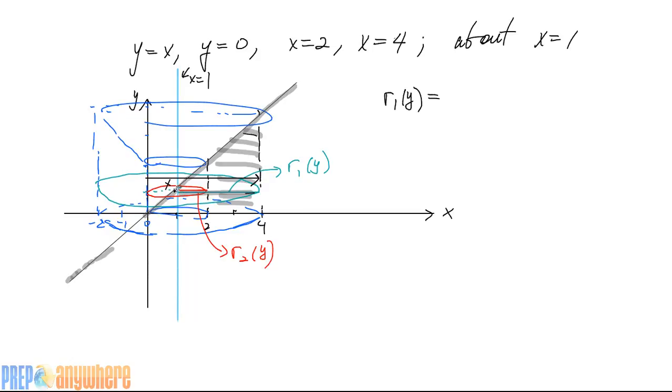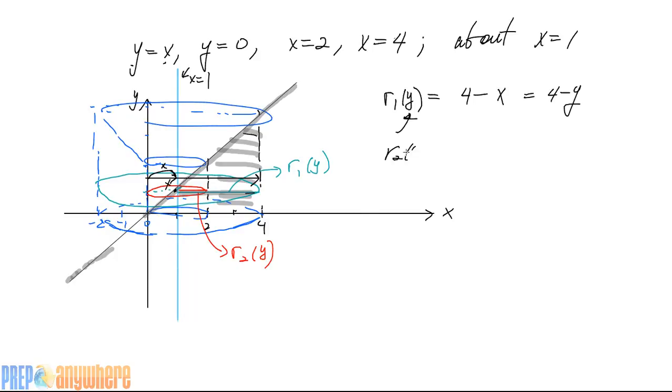So it's 4 minus that x value, from there to there. It's always 4, but you just subtract more as you go further to the right. Do you see that? So it's 4 minus that x value, but x is equal to y, and we want it all in terms of y. So the first radius r1 is going to be 4 minus y.